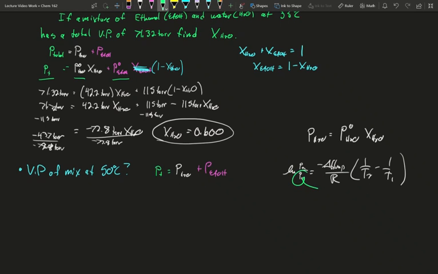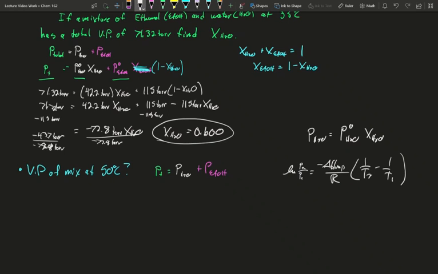We know the pure vapor pressure at 35 Celsius. There's no reason we can't solve out what the new pure vapor pressure would be at 50 Celsius, and then use our mole fraction from our last problem to find the actual vapor pressure of water at the higher temp.